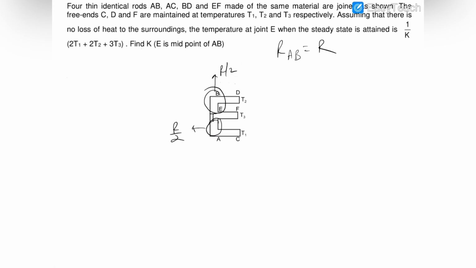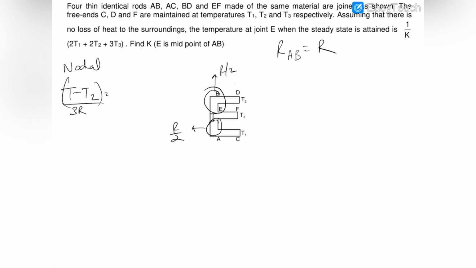So let us draw a circuit, or let us apply the nodal analysis. Let us assume that the temperature of junction E is T. So the heat current flowing through this end will be T minus T2 divided by the total resistance. The total resistance of this will be R plus R by 2, which is 3R by 2.